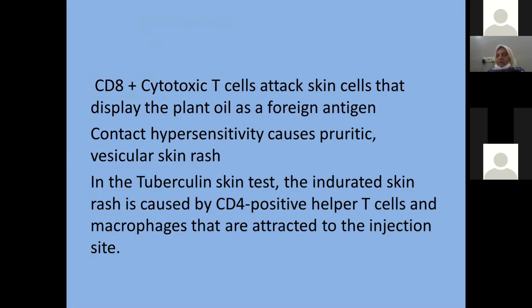Now the body's immune system takes that cell combined with the antigen as a foreign material. And then CD8 plus cytotoxic T cells attack the skin cells that have that plant oil or any antigen, like a cosmetic or any chemical, as a foreign cell, because it has been absorbed on the skin cells.